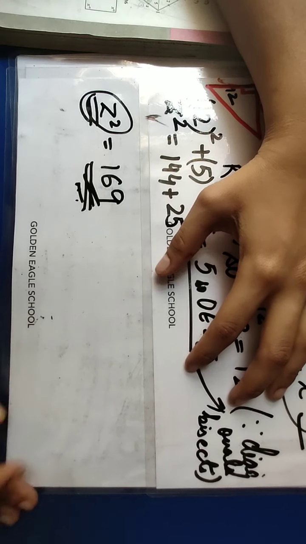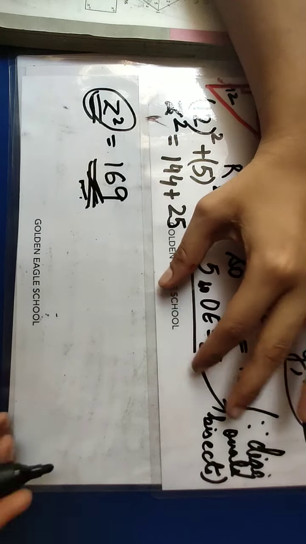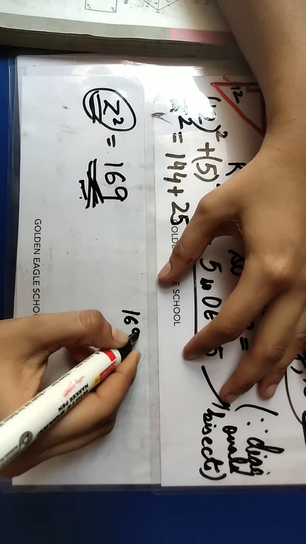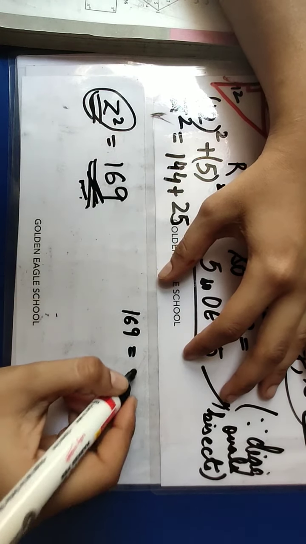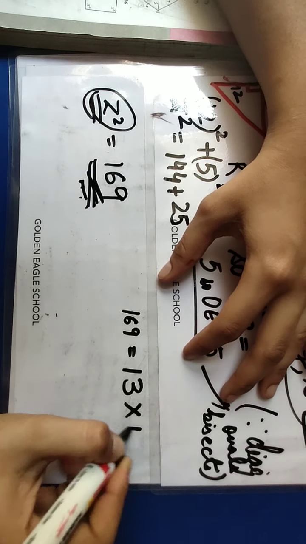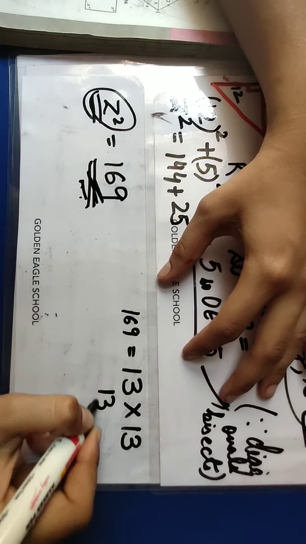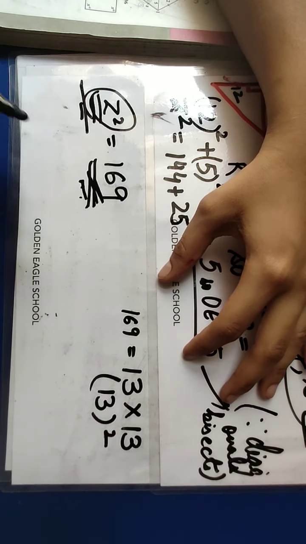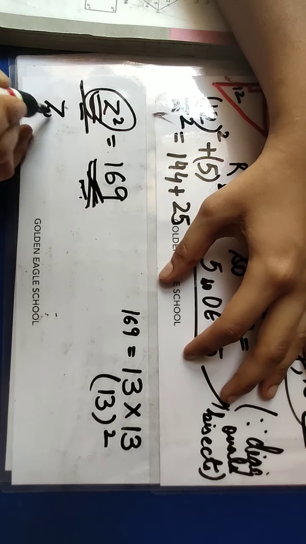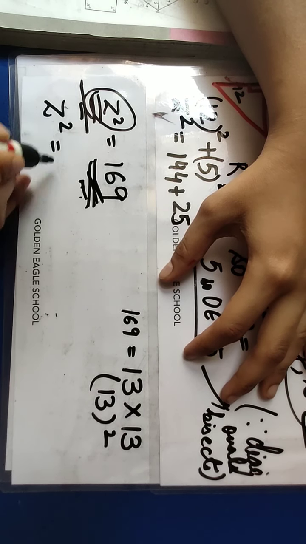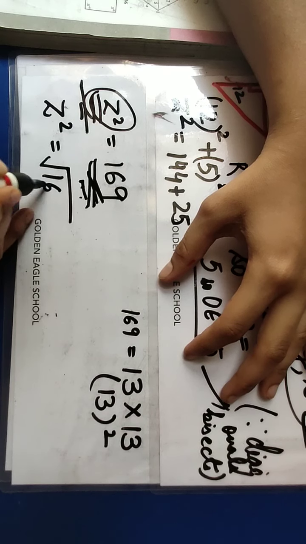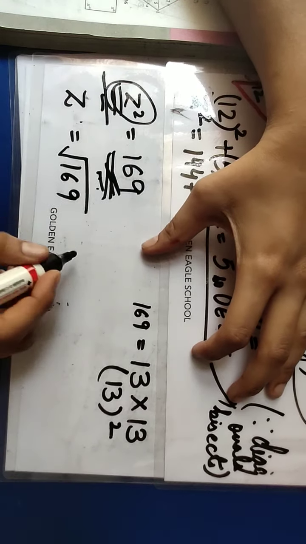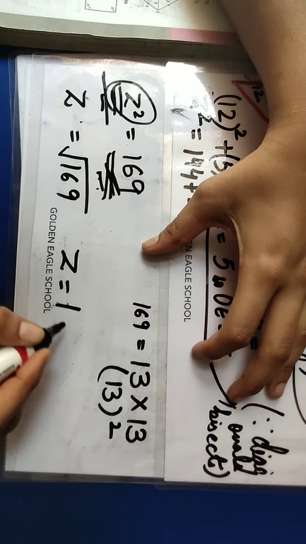We have already done this in 7th class also, squares and square roots. So 169, we already know that it is 13 multiplied by 13, that is 13 square. So when we have to find the value of Z, we have to find the square root of 169 and this square will be removed from here. So Z will be equal to 13.